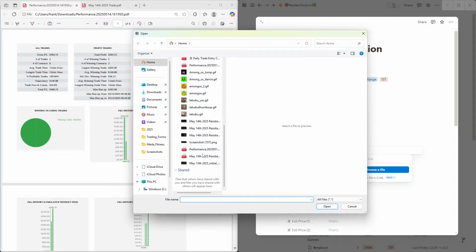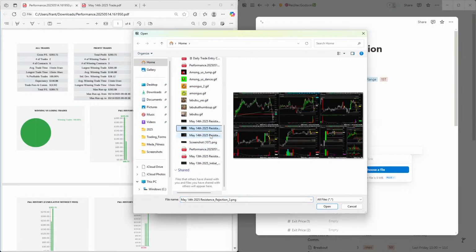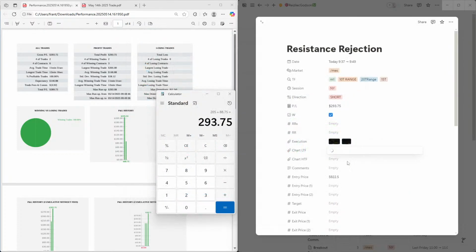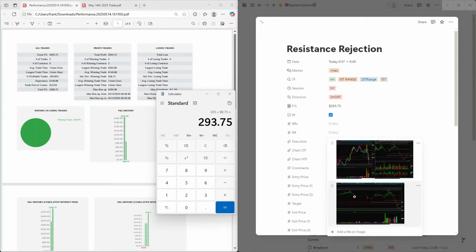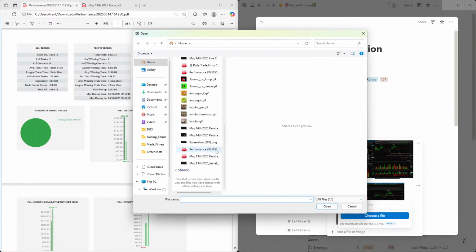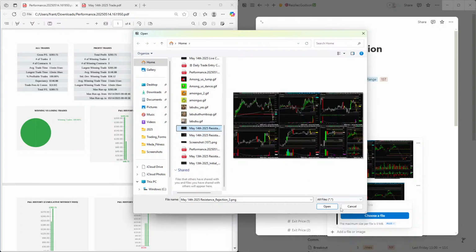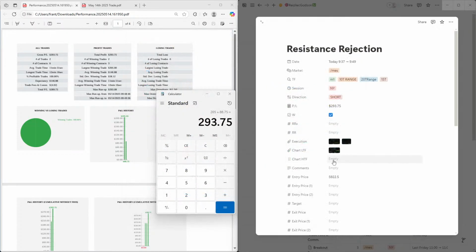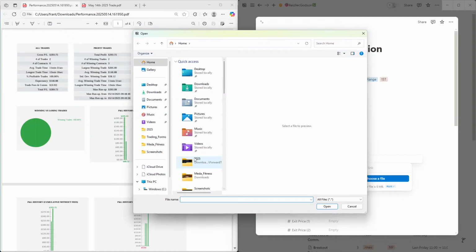Time frame here. I'm gonna add one more. And I'm gonna add the higher time frame, which is everything.